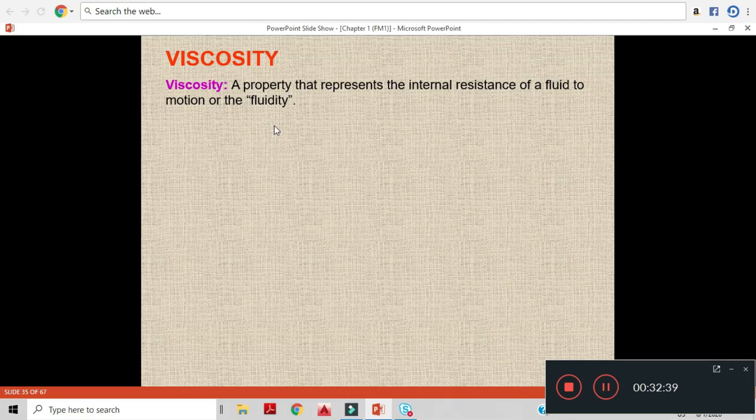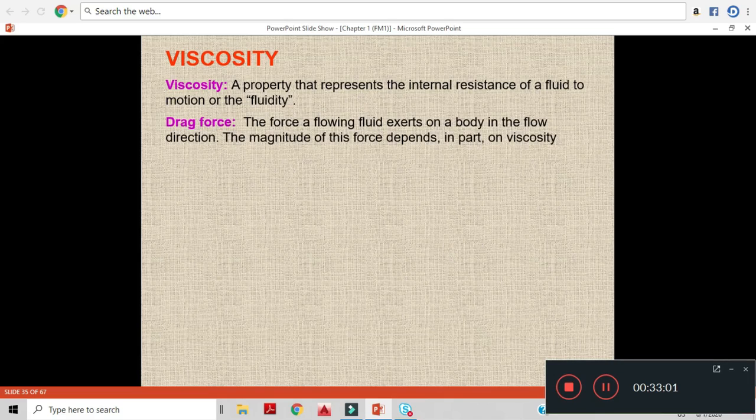So you have to understand it properly. So what is viscosity? A property that represents the internal resistance of a fluid to motion, or the fluidity. That means it is a kind of resistance offered to the force.